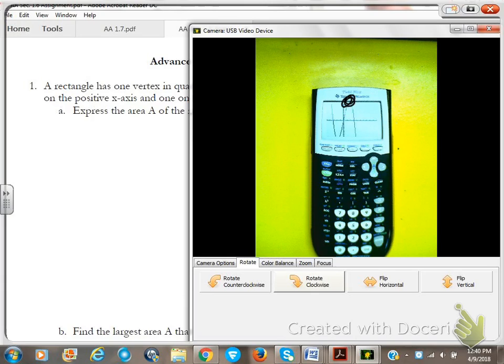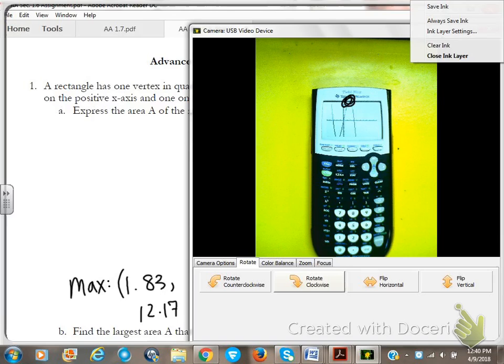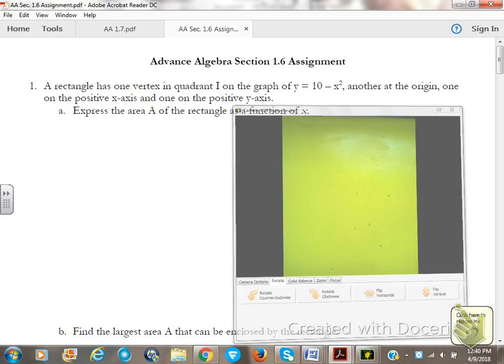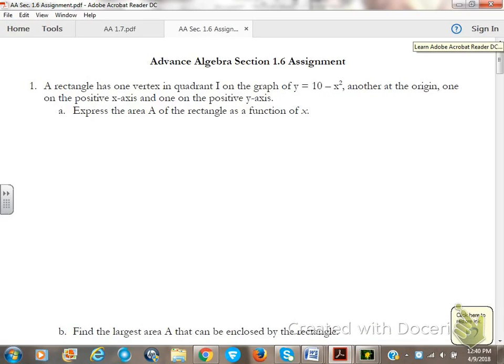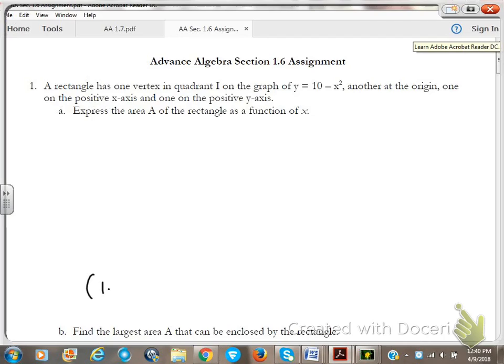So for that ordered pair, we got our max to be at 1.83, 12.17. Oh, okay, it disappeared. So 1.83, 12.17.